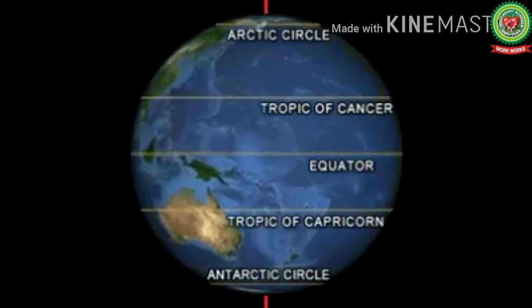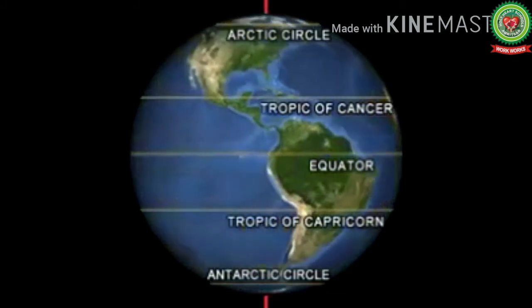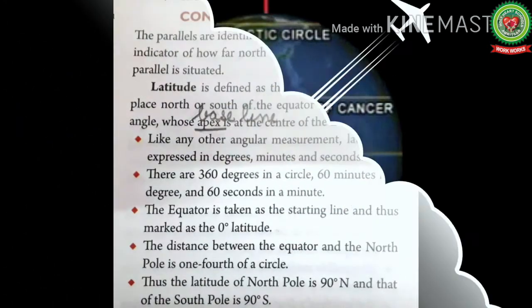So we mark 7 important latitudes: equator 0°, Tropic of Cancer 23.5° north, Tropic of Capricorn 23.5° south, Arctic Circle 66.5° north, Antarctic Circle 66.5° south, North Pole 90° north, and South Pole 90° south.